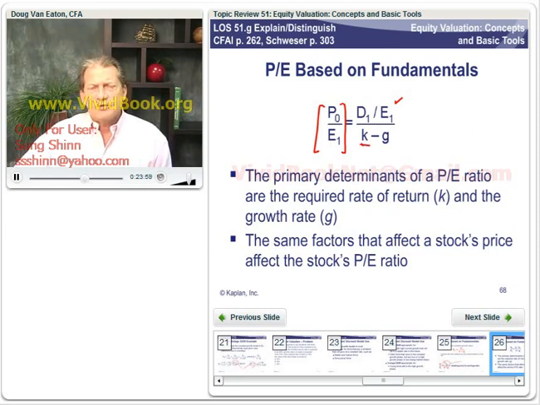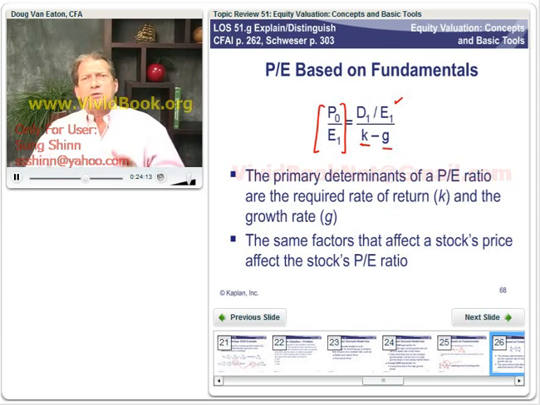So a riskier firm will have a higher required rate of return, other things equal, and a lower price and a lower price-earnings ratio. G, on the other hand, has the opposite effect. If the growth rate goes up, the PE ratio goes up because the denominator gets smaller.